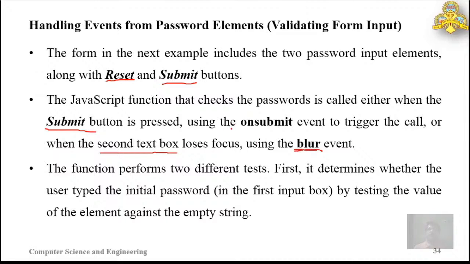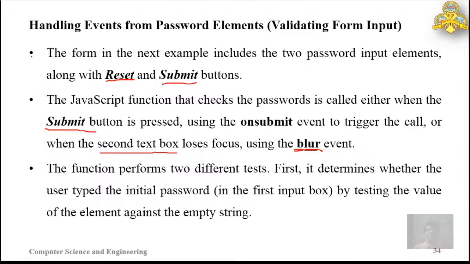That means the password checking is done on 2 events. One is when I click on the submit button, the next is when the second text box loses its focus.